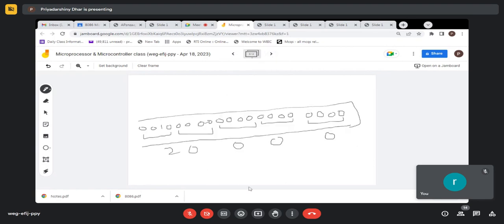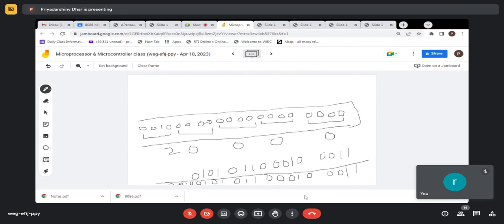So 5 means 0101, 6 means 0110, 2 means 0010, 3 means 0011. Now add this. So this one is 0010 0000 0000 0000 0000, and adding the offset 0101 0110 0010 0011 gives the sum.